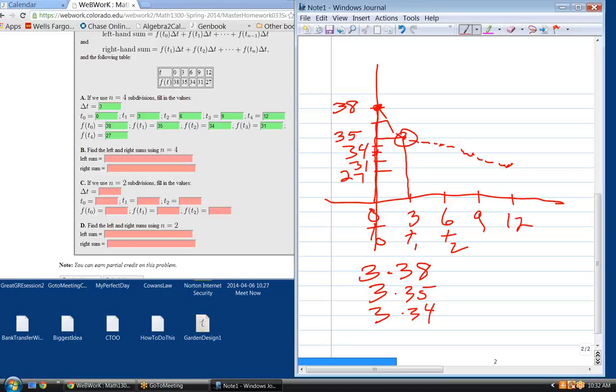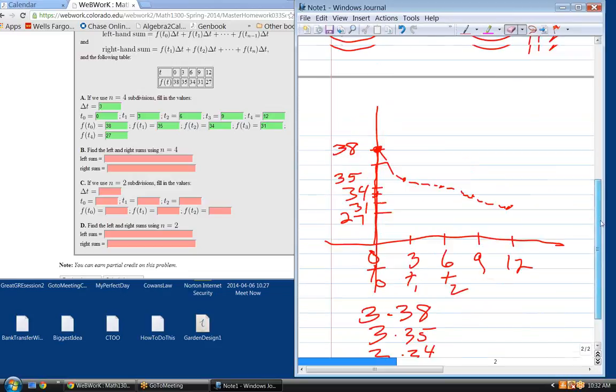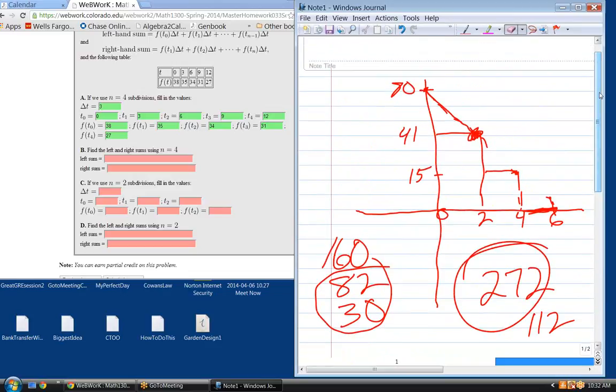So that's the difference. So don't be confused if you have a rectangle with 0 height. You'll notice on that first one we did, when we used the right-hand endpoints, this final rectangle had no height to it because it was stopped. In other words, I used the right-hand endpoint to draw the top of my rectangle right there.